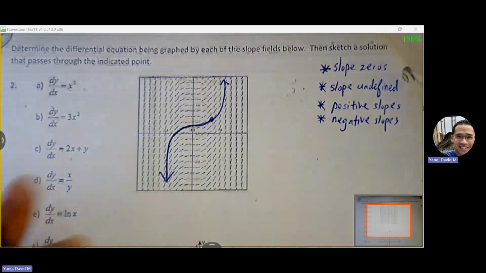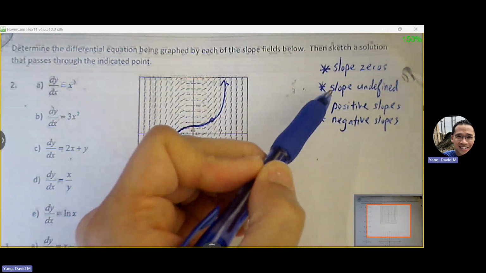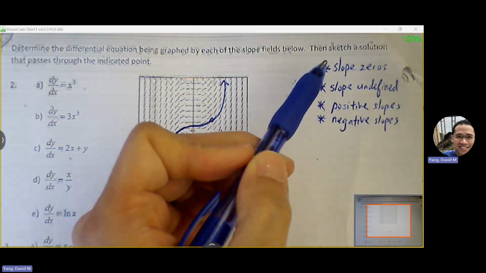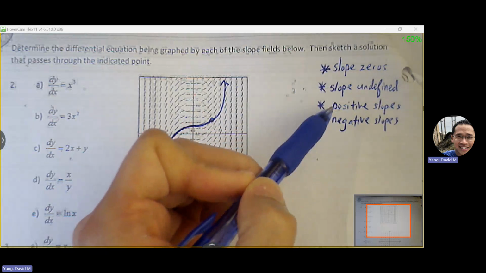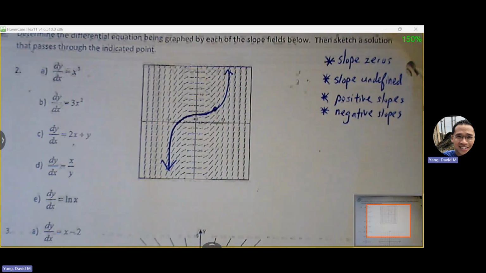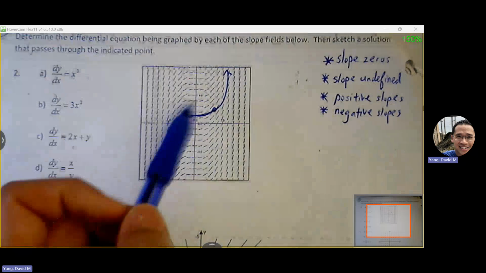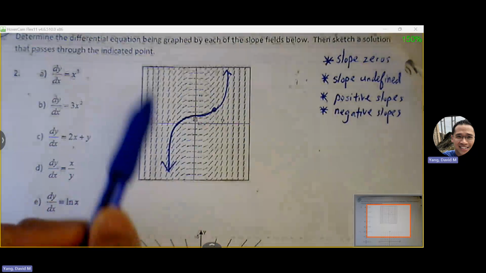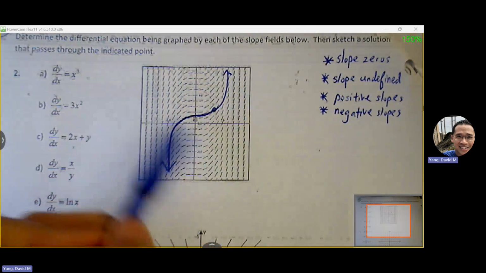Usually, if I can identify places where the graph is showing slope 0, slope undefined, positive or negative slopes, that should allow me to eliminate at least a couple, if not all, of the wrong ones.